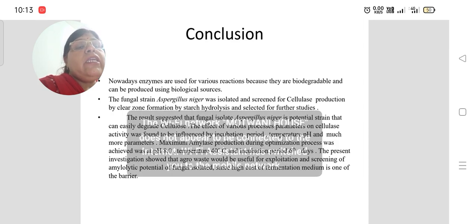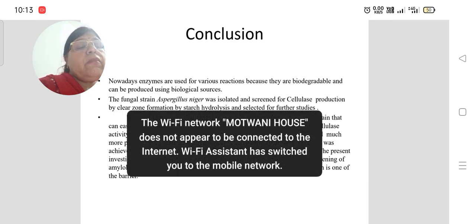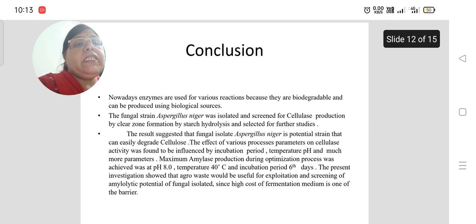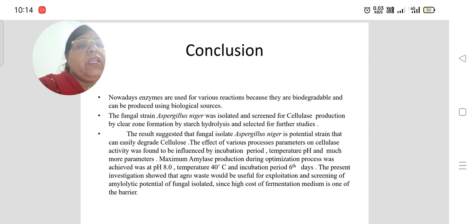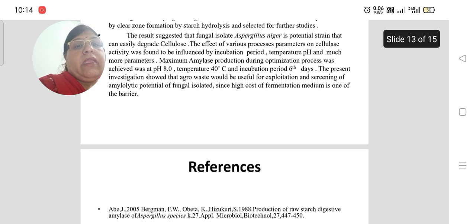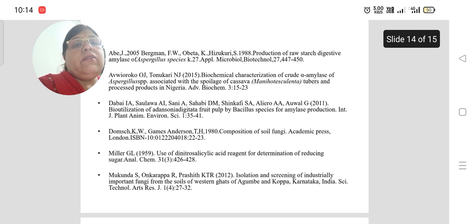The results suggested that the fungal isolate gave maximum activity. This potential strain can easily degrade cellulose. The cellulase activity was found to be influenced by various process parameters such as incubation period, temperature, and many more parameters. These are my references.